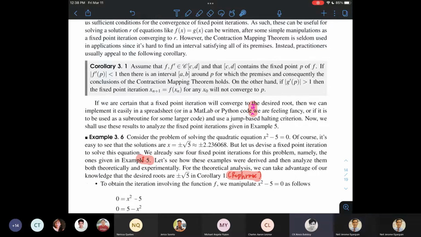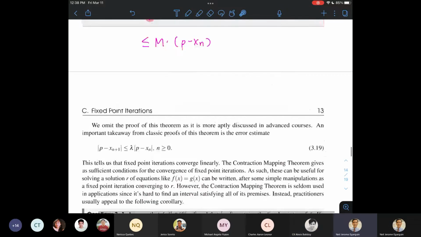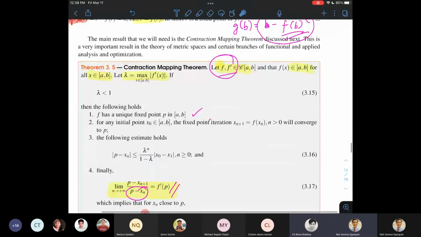Okay. Now, medyo mahirap gamitin yung contraction mapping theorem. Bakit siya mahirap gamitin? Mahirap siyang gamitin kasi ang dami niyang requirement. Okay lang sana yung F and F prime being continuous. But the bigger problem with the use of the contraction mapping theorem is that we need to make sure that F is a function from AB to AB.